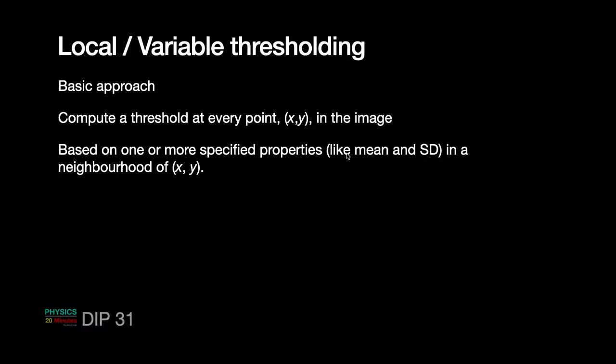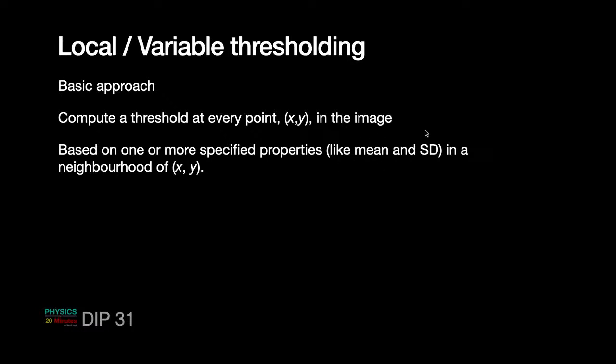If the mean in that region is greater than something, assign that pixel as 1. If the mean is less than some threshold, assign that pixel as 0. And that is how you make a local thresholding depending on a small region around that point.